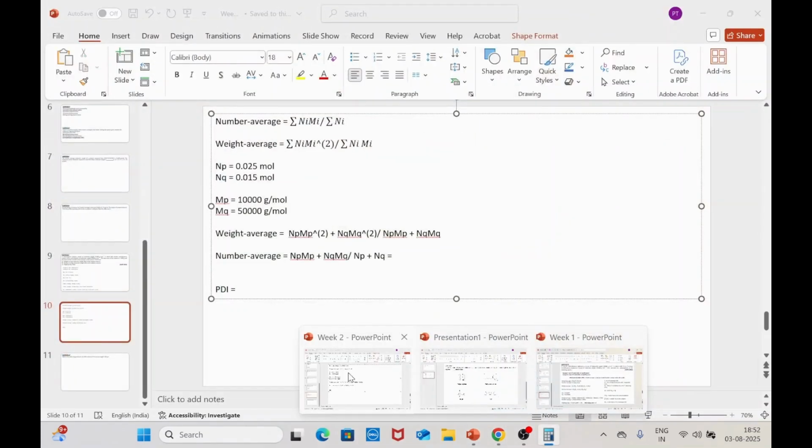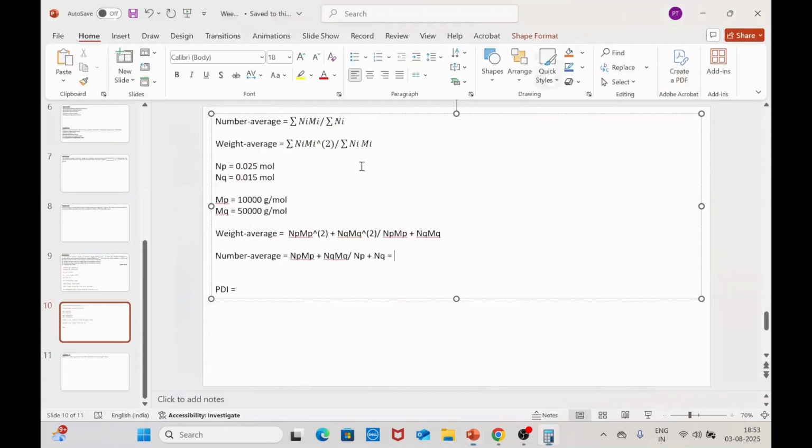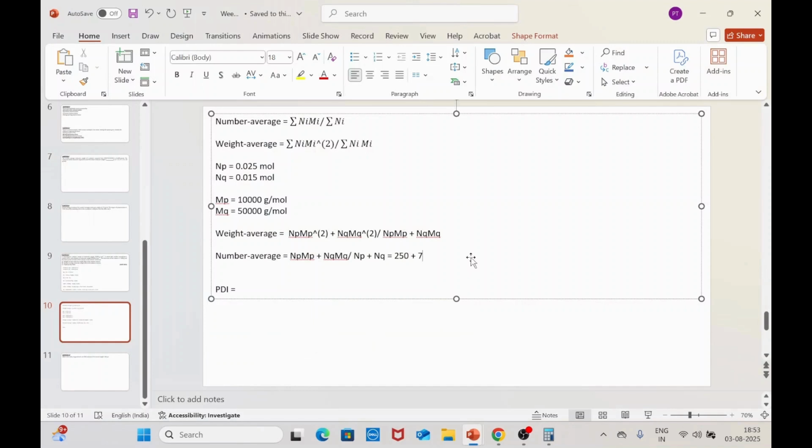So it is NP MP, 250. 0.015 times 50,000, 750. So that will be 1,000 by 0.04.